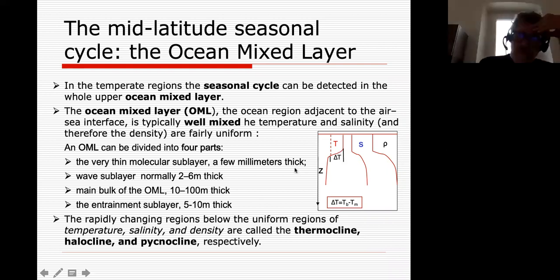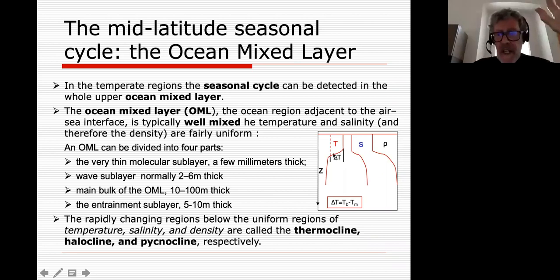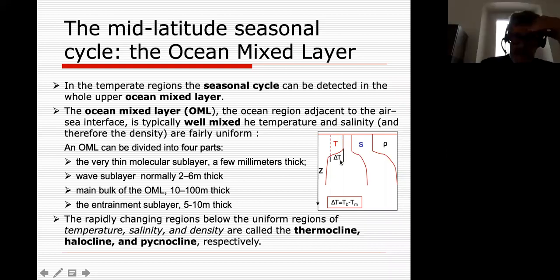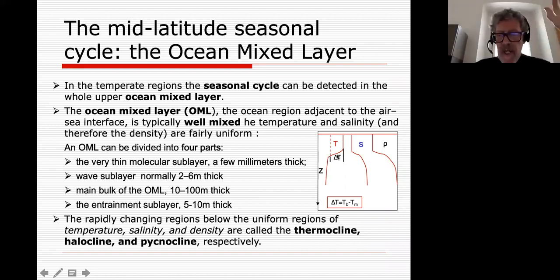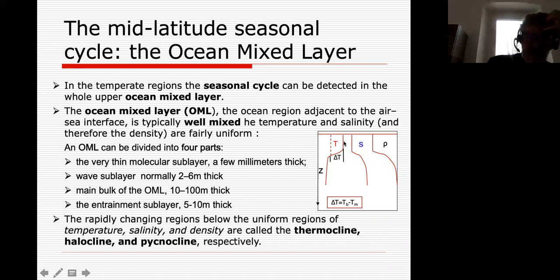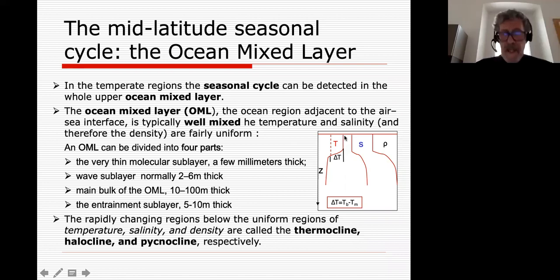To go a bit more into detail, we can identify four different regions in this apparently purely homogeneous layer. It is homogeneous in terms of properties, but there are significant departures in terms of chemical properties and also in terms of velocity and turbulence.